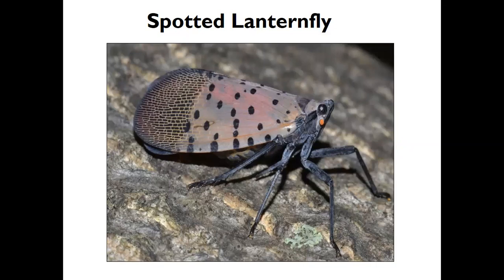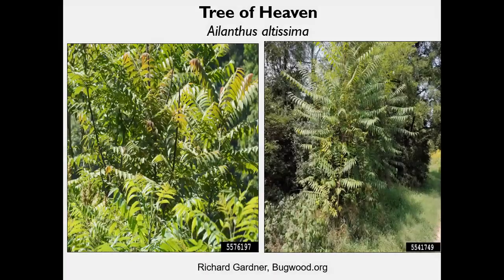It's like a planthopper, a giant planthopper, a much larger planthopper type of insect. It does have colorful wings. It has piercing-sucking mouth parts and has caused a lot of damage to fruit trees. It's attacked some of the orchard plants as well as other desirable trees in Pennsylvania, which is mainly where it's centered, although there have been reported populations in other areas.